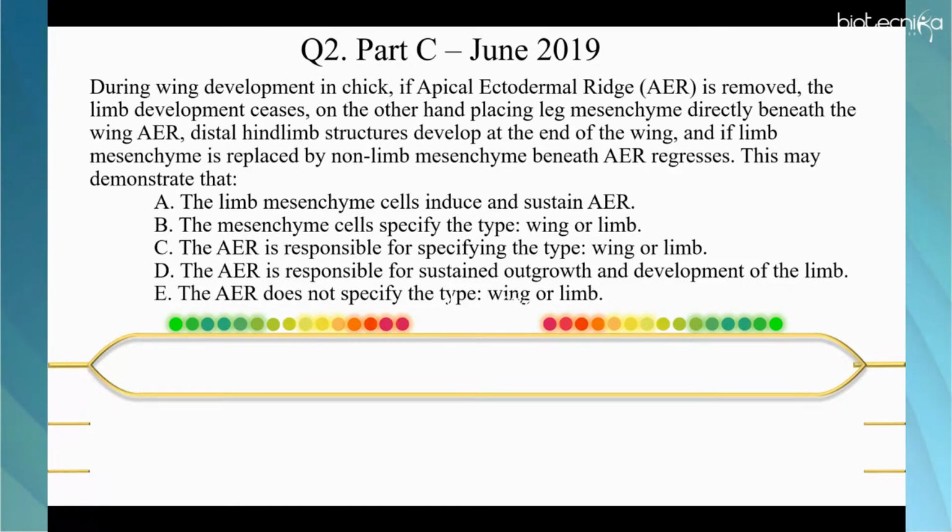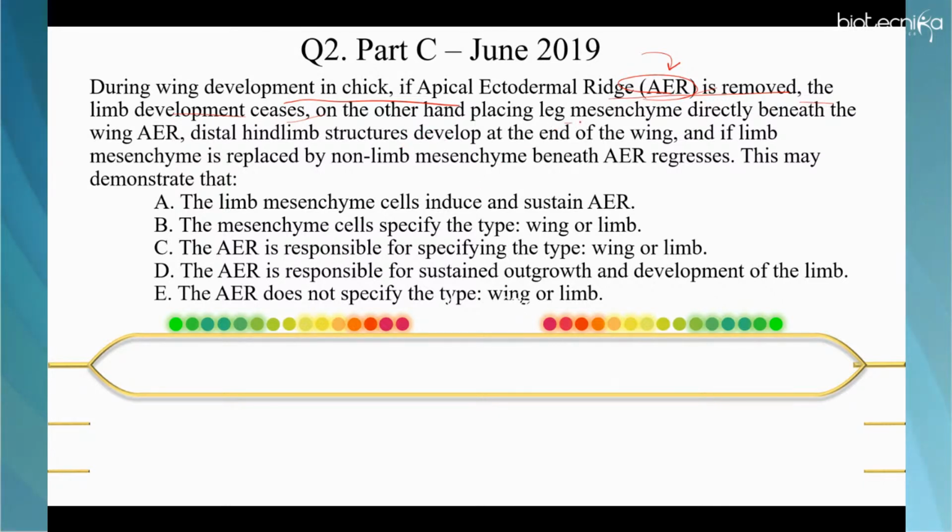Okay. All right. So coming to this limb development, during wing development in chick birds, ectodermal ridge is removed. If the apical ectodermal ridge is removed. So what is this AER? You should have knowledge to solve this question. The limb development ceases. Okay. If you remove this, it has been seen that the limb development stops.